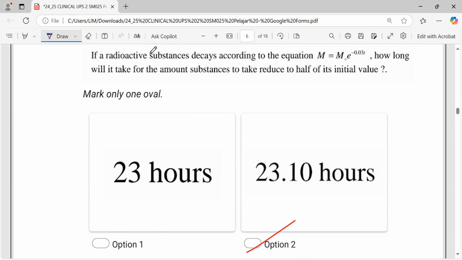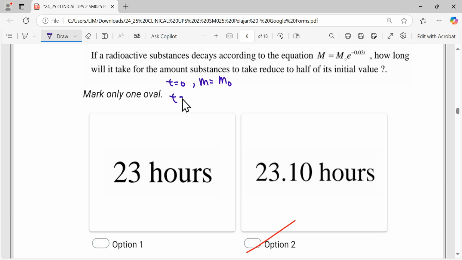If a radioactive substance decays according to the equation given here, how long will it take for the amount of the substance to be reduced to half of its initial value? When t equals 0, with a radioactive decaying substance, our mass here will be in full, meaning the initial mass is m naught.